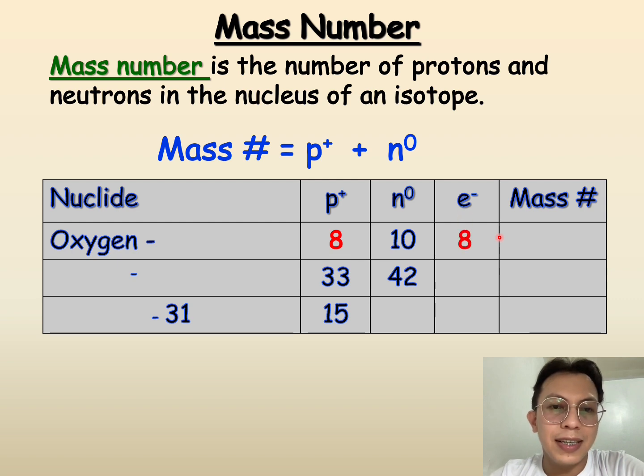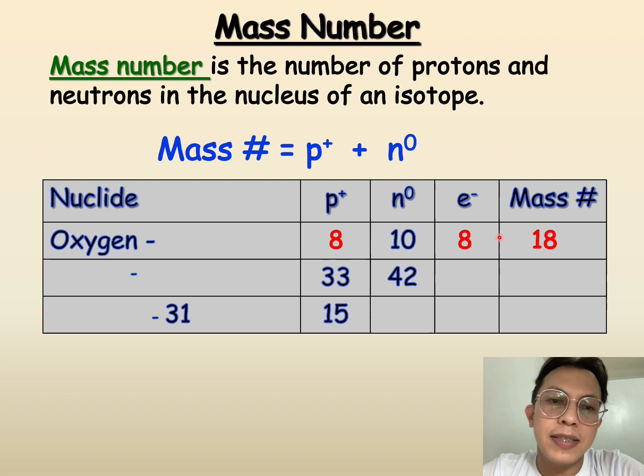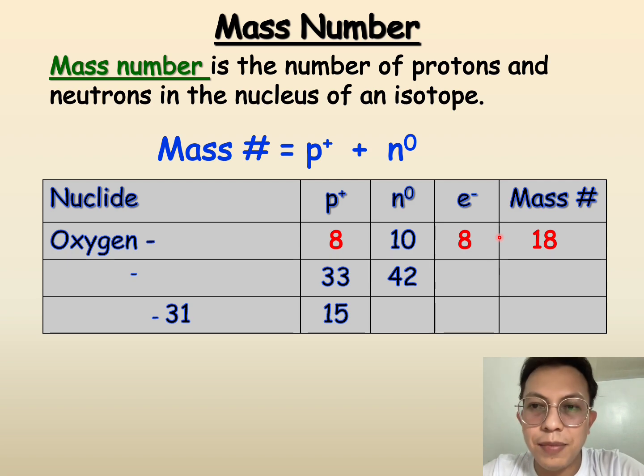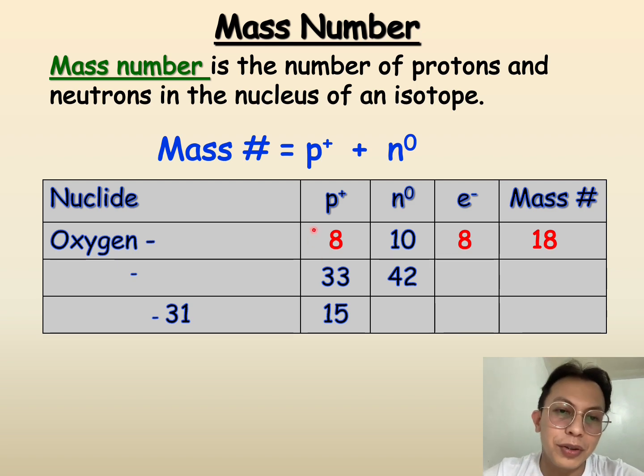So how many are the electrons? It's 8. And the mass number is 18 because you just add 10 and 8. Because the mass number is equal to the protons and neutrons. So 18. And the electrons are 8 because basically, electrons are equal to the number of protons.